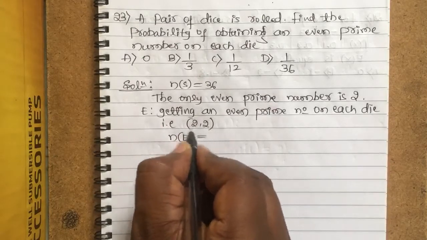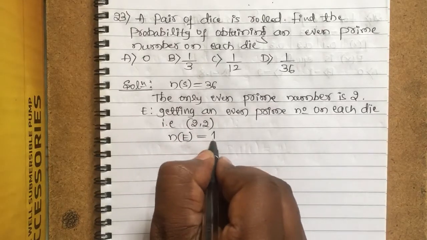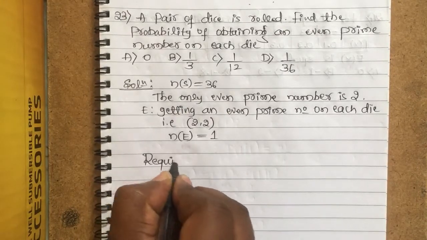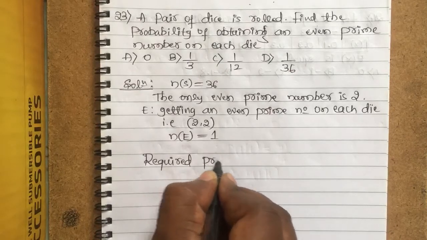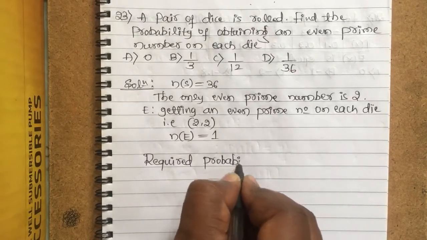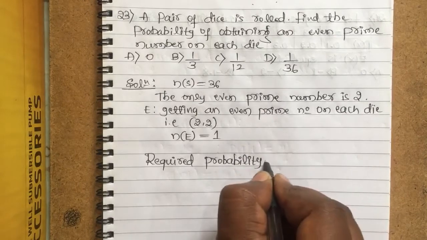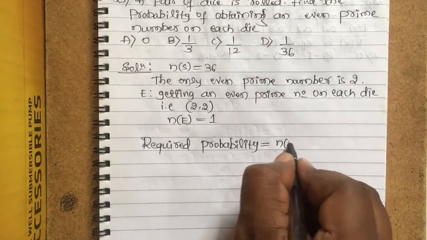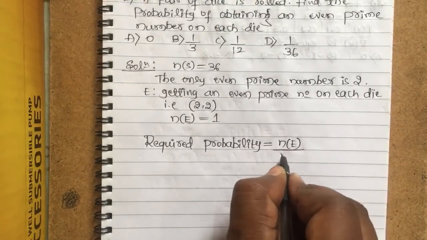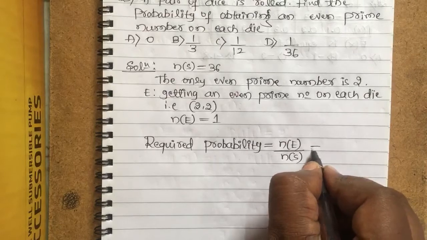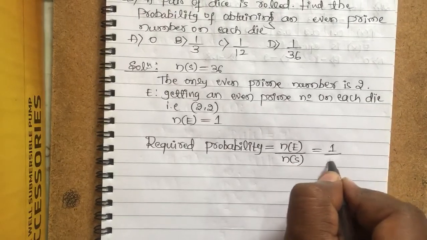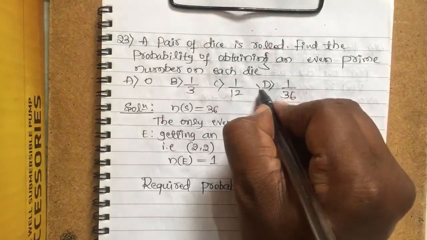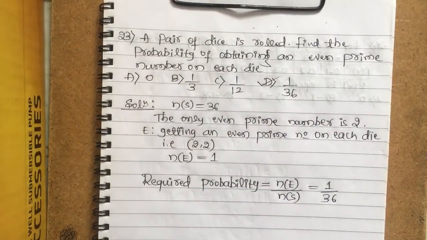Out of 36, 2 comma 2 is the only outcome, that is n of E equal to 1. So required probability equals n of E divided by n of S. What is n of E here? It is 1, n of S is 36, that is 1 by 36. So option D is the correct answer.